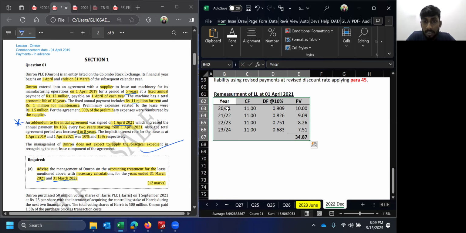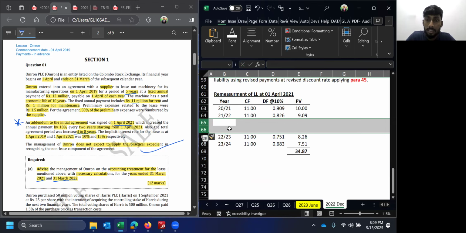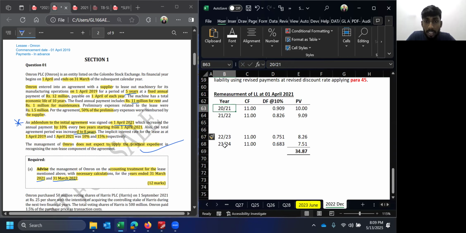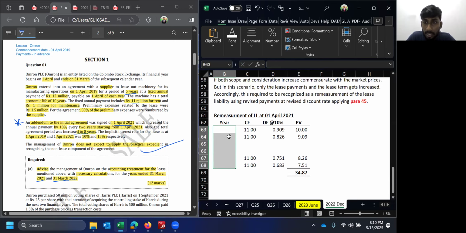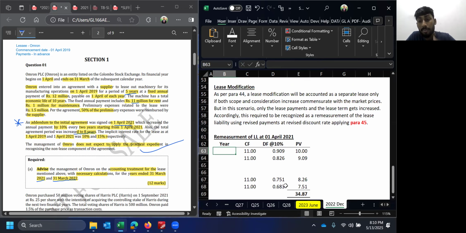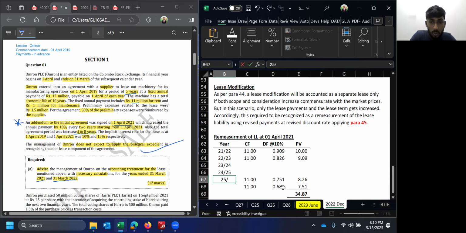Okay, so now we are at 1st April 2021, which means it is from year 2021-2022. Okay, 21-22, 22-23, 23-24, 24-25, then 25-26.